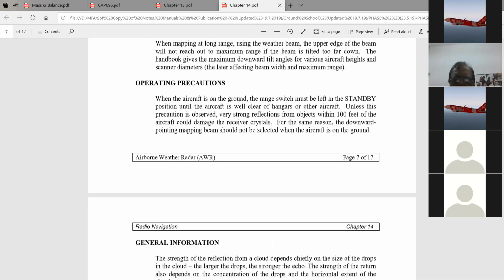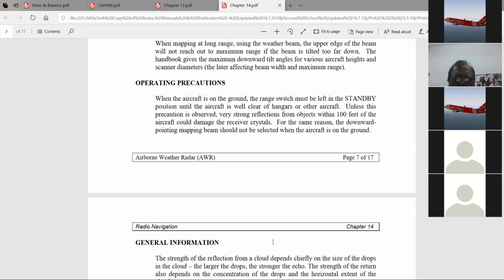You are not to carry out any transmission if you have any obstruction within 100 feet of the aircraft, in terms of a building, aircraft, or human beings, or a car parked, etc. With any obstruction within the 100 feet, the reflections coming back will be extremely, extremely strong, and these are likely to damage your weather radar crystals.